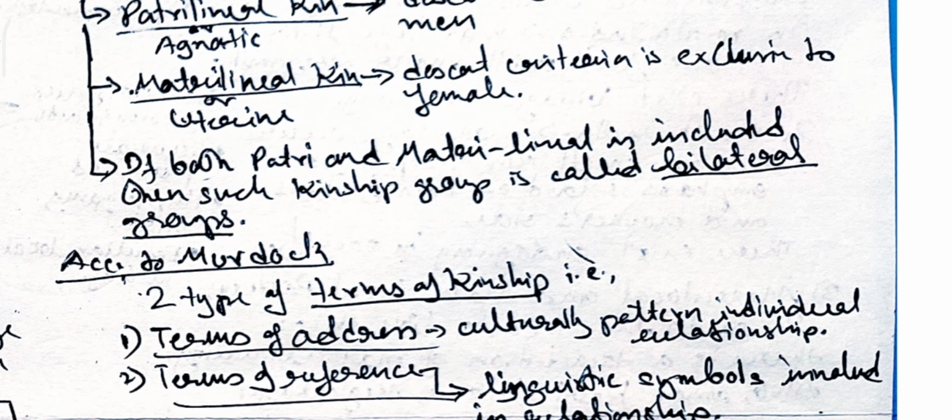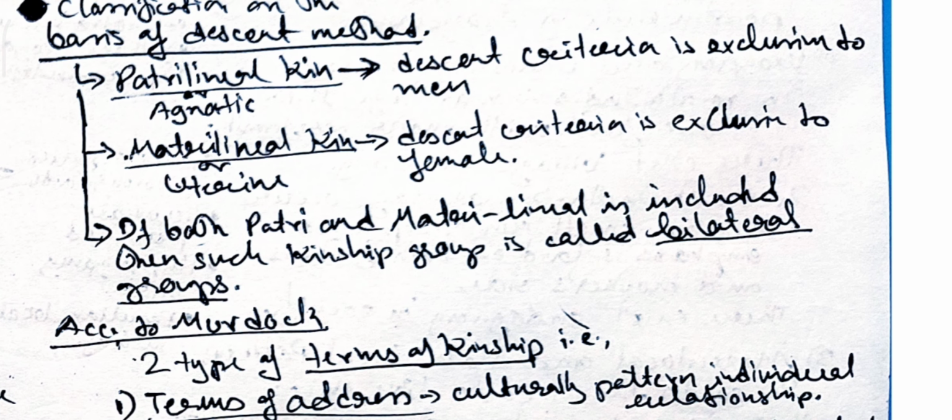But if both patrilineal and matrilineal are included, then such a kinship group is called a bilateral group. We can find these three types of descent practiced across India, but yes, specifically in some parts.